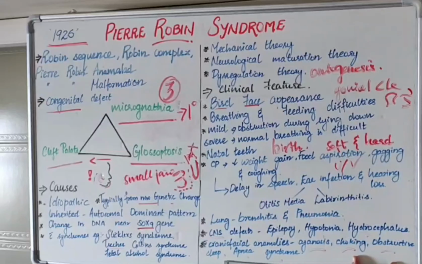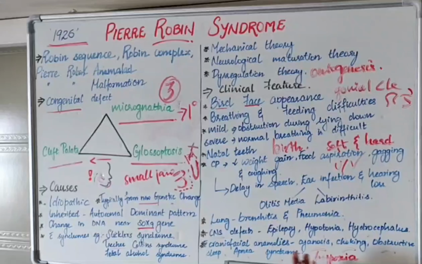When it is more severe, it can even lead to hypoxia, which is due to lack of oxygen to the tissues. When it's very severe, during the first week of life itself we can see all this appearing, and eventually it can also lead to death. So hypoxia is a life-threatening condition.